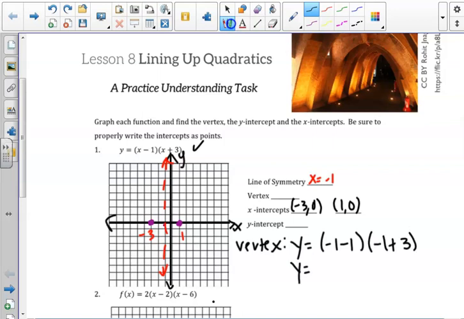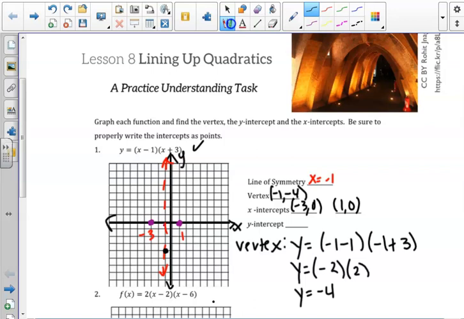So when I simplify that, I'll get -1 minus 1, -2. -1 plus 3 is 2. Therefore, my y value would be -4. So I now know that my vertex, my apologies, is -1, -4. So we can plot that. Let's go to -1, -4, 1, 2, 3, and 4, and my vertex should be right there.